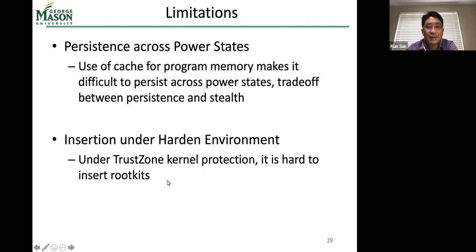Another limitation is, for example, Samsung Knox has developed techniques to enforce kernel integrity in the normal world. If you cannot defeat their real-time protection mechanism, it is hard to insert our rootkit.